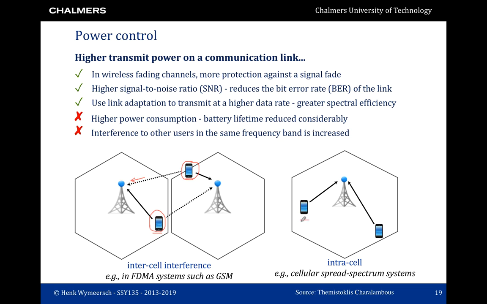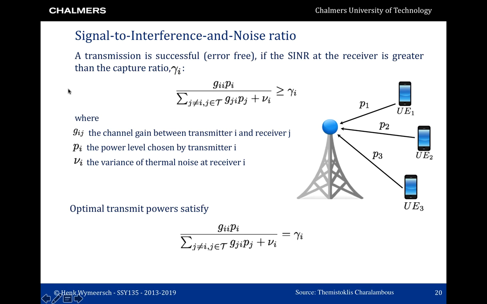If the nearby user transmits with very high power while the faraway user does not, then the multi-user interference from the nearby user will drown out the signal from the faraway user. So in both of those cases, it is not always advantageous to transmit with a very high power from a system perspective. To analyze how users should allocate their power, it is useful to study the signal to interference and noise ratio.